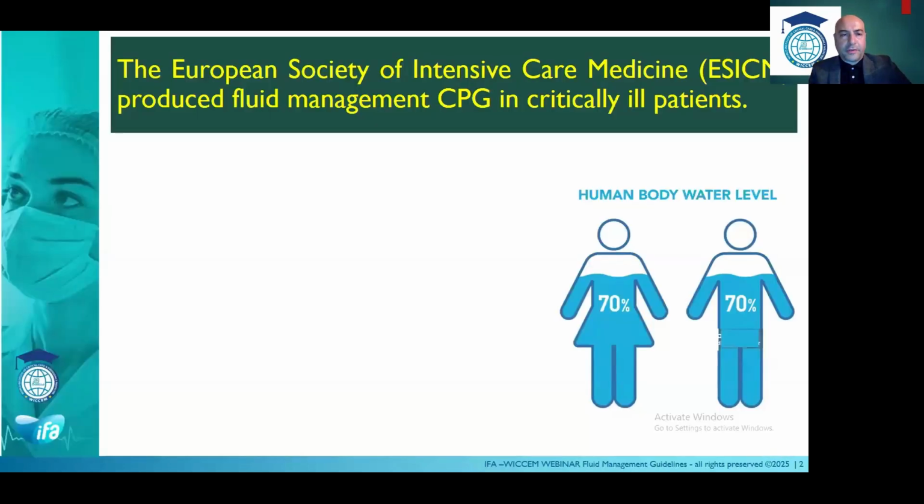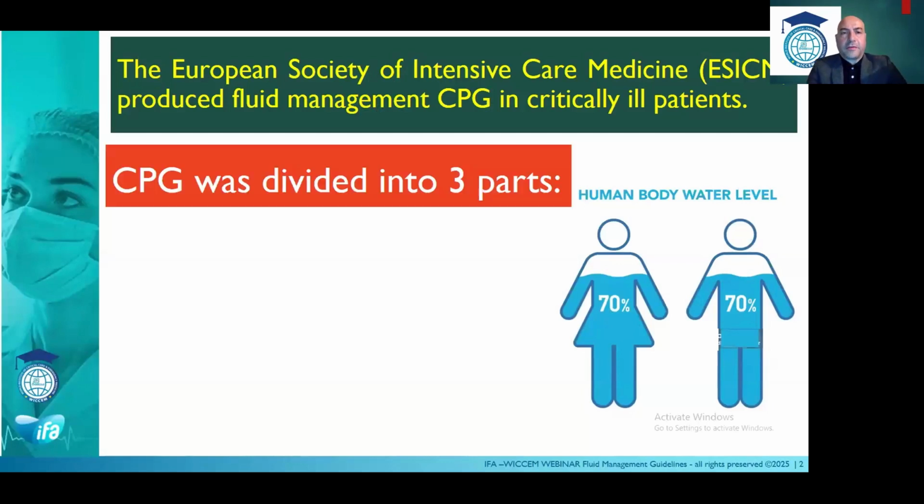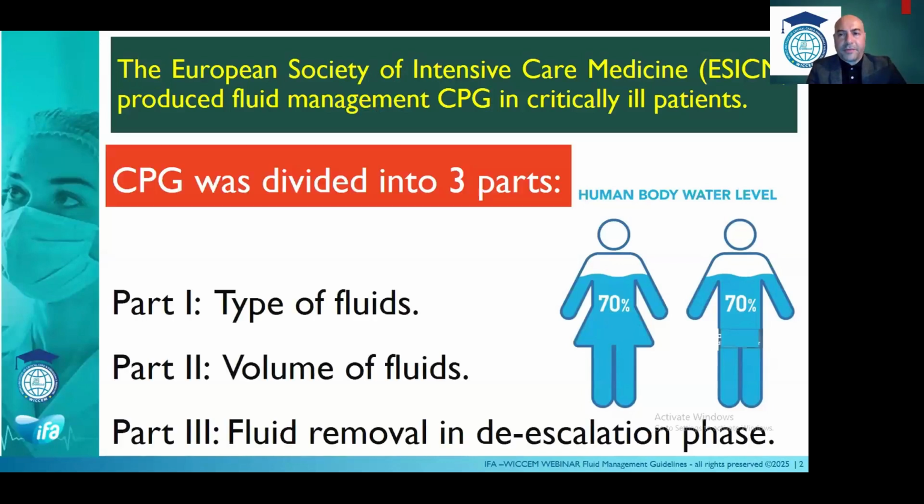Very recently, the European Society of Intensive Care Medicine published several guidelines for resuscitation of critically ill adult patients with fluid, and they divided these clinical practice guidelines into three parts. The first part, which we are going to discuss today, is the type of fluid management.